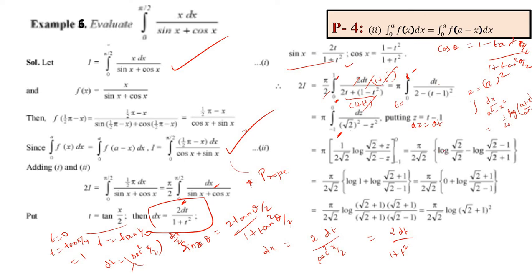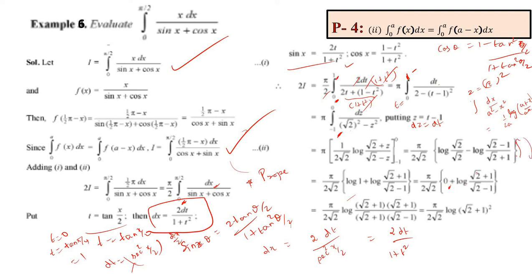So 2 root 2 is taken out, then applying the upper limit, we get log of root 2 by root 2 minus log of root 2 minus 1 by root 2 plus 1. But log 1 being 0, we have 0 here, and this is minus of this. So to avoid the minus sign, this will go up and this will come down.